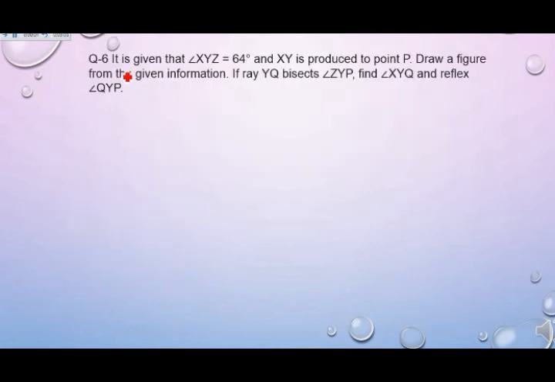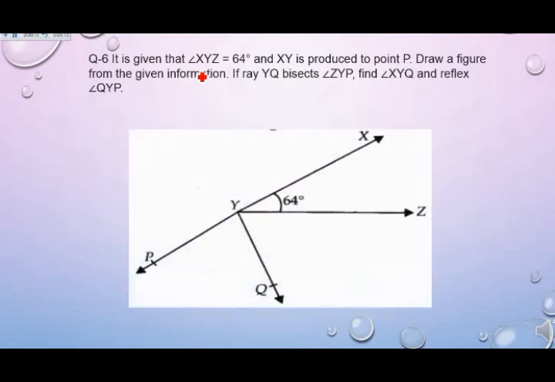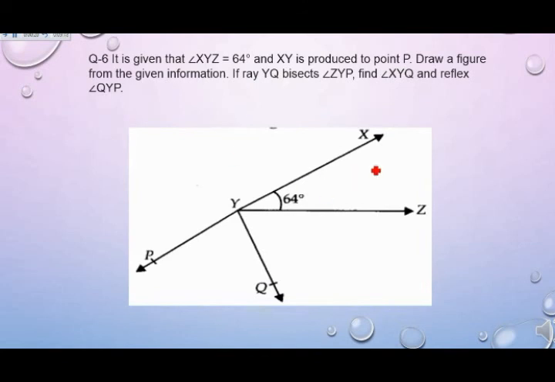Number 6. It is given that angle XYZ is equal to 64 degrees and XY is produced to point P. So let us draw the figure. So this is angle XYZ, which is equal to 64 degrees. And this is the extended ray, that is YP.